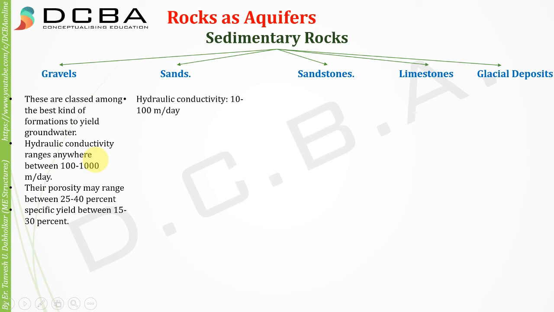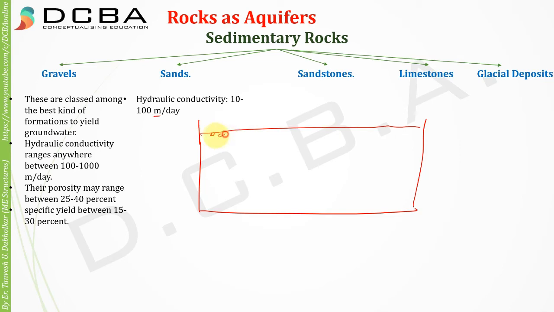Sands have hydraulic conductivity of 10 to 100 meters per day, so that much amount of water can travel. And when we talk about these meters, it means that, let us say we have this bed of sand here, and if water is percolating, like if water is coming from here, then the depth that it can travel, the water will travel like this.